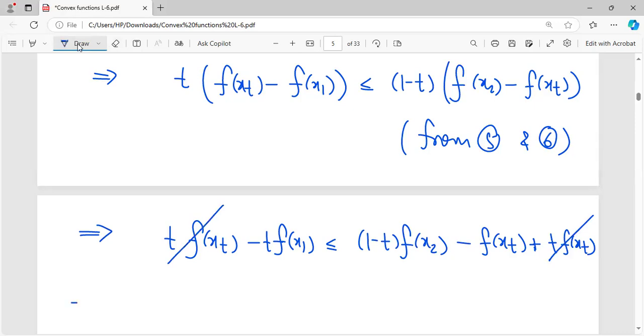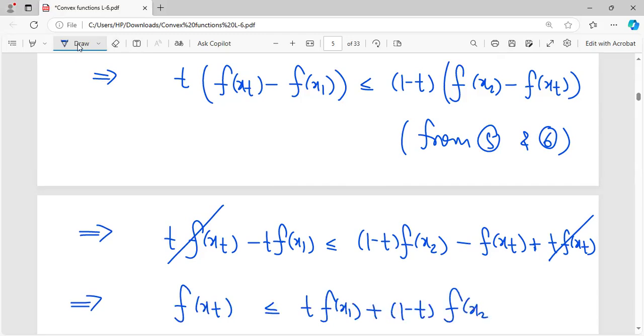So we have f(x_t) less than t f(x1) plus (1 - t) f(x2).